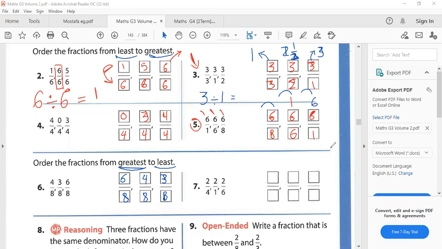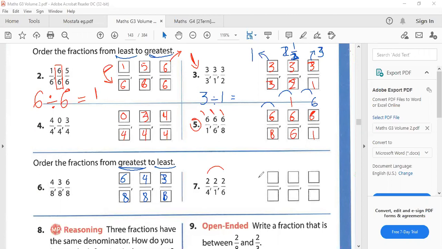Okay, now let's ask Tuhami. Tuhami, how are you? Fine, thank you. Tuhami, next question is order from the greatest to the least. I need you to focus. So which one out of these fractions is the greatest one?